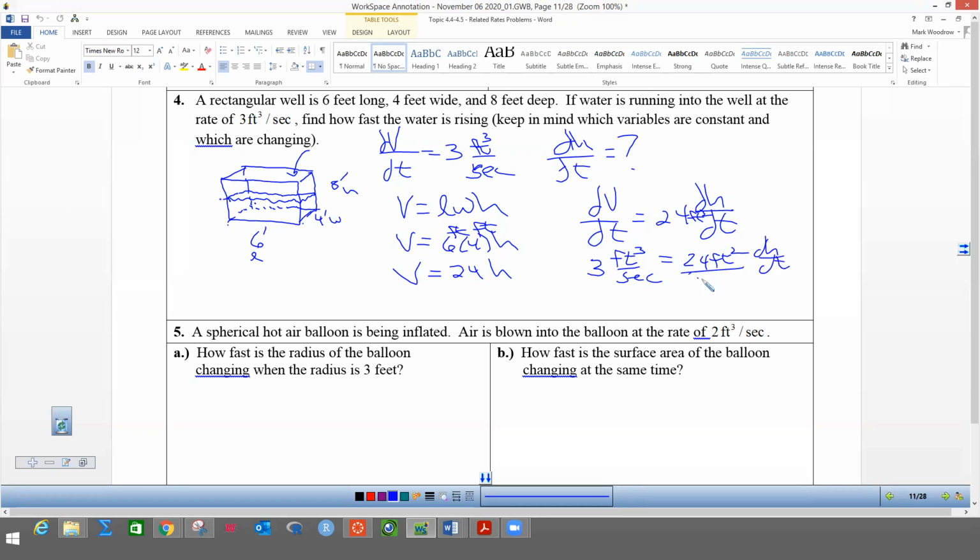So I'm going to divide this by 24 feet squared, and I'm going to divide this by 24 feet squared. So this square will reduce with 2 of these. So this will be 3, oops, it'll reduce to 1/8. 24 and 3 reduce. 1/8 foot per second is how fast the height is changing in this prism.